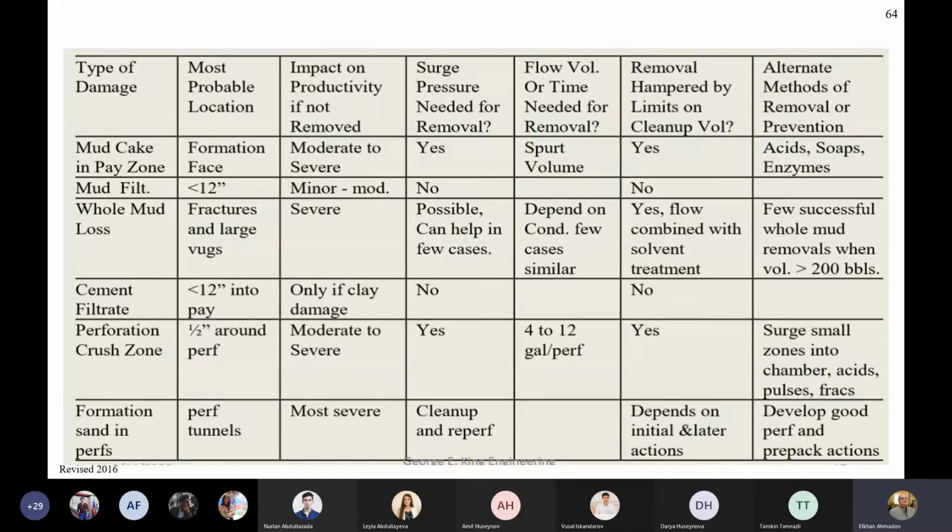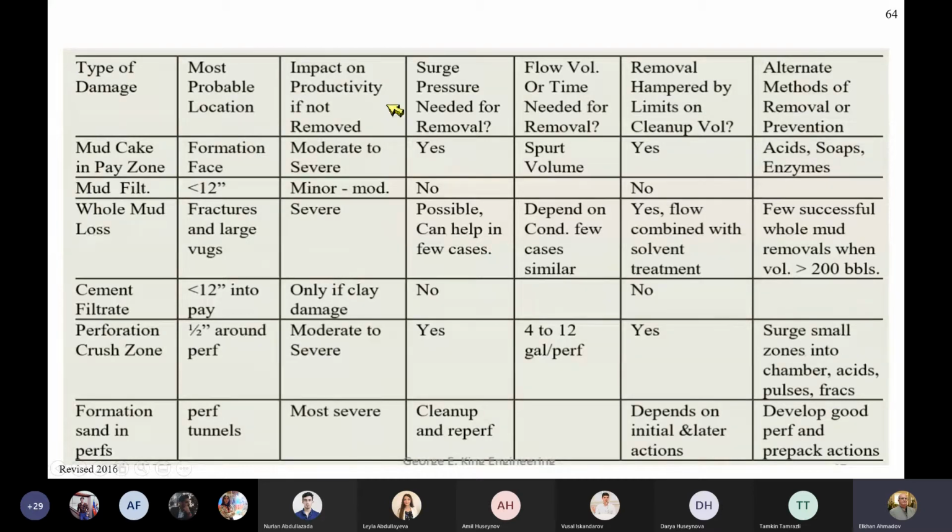For example, if we have mud cake in the pay zone, its most probable location is the formation face, and if we don't remove it, then the impact will be moderate to severe depending on the depth and severity of invasion.